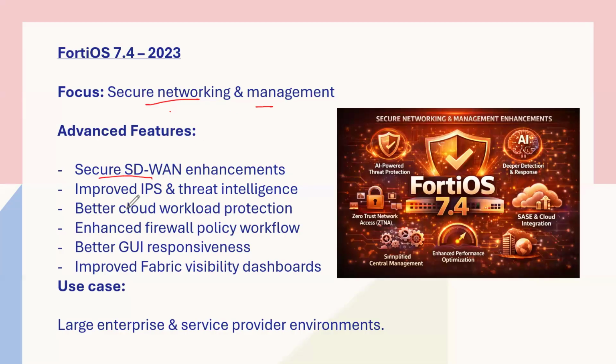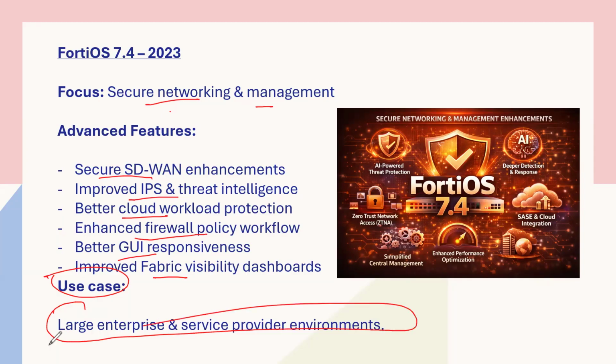So again, secure SD-WAN, improved IPS, better cloud, enhanced firewall policies, better GUI, improved fabric visibility, dashboard improvements, you can say. Multiple options were added in that. Use case: large enterprise and service provider environments. Who will use this? Large enterprises. So for us, till 7.2 also it's fine.